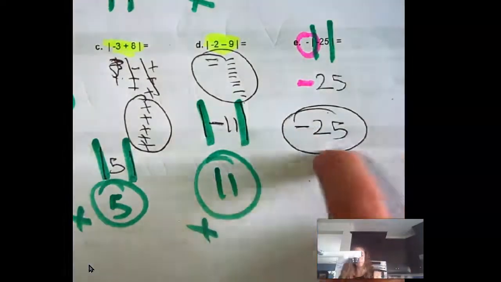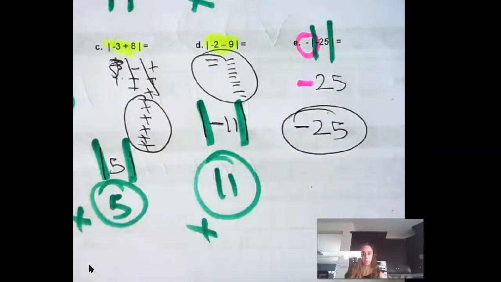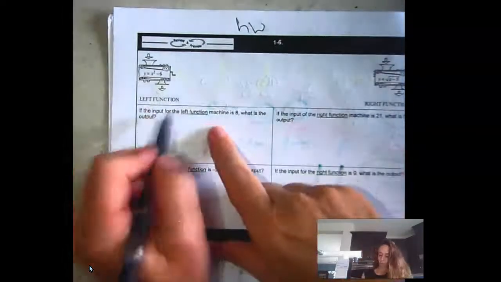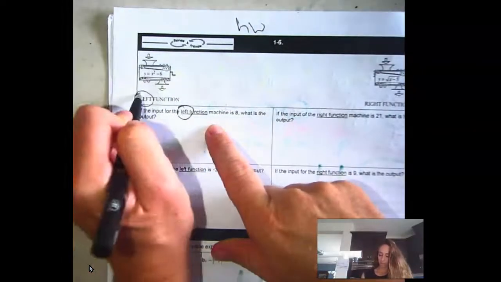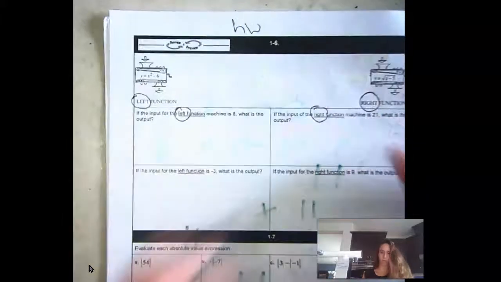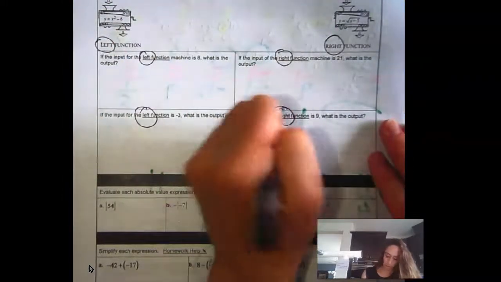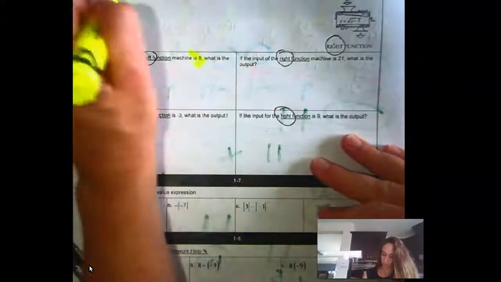So the only time it's negative is if you have something on the outside. All right, this is your homework, okay? So you're going to use, see how this is left machine left, right machine right, okay? Left machine left, right machine right. So just input here, okay?